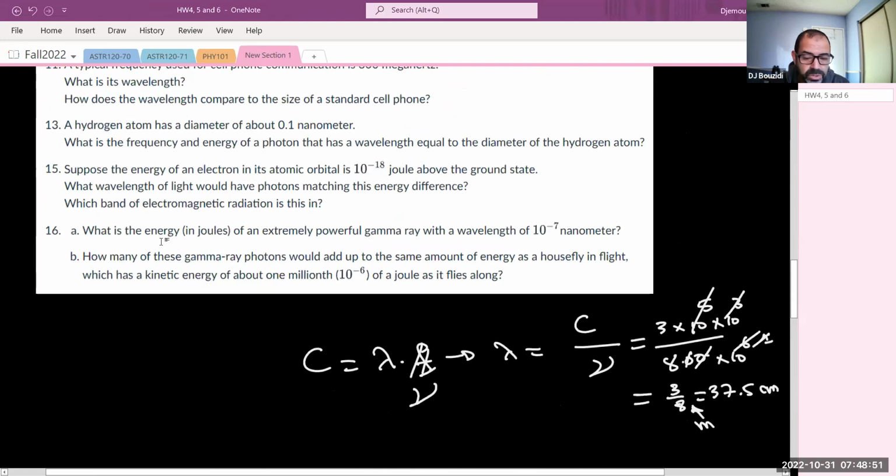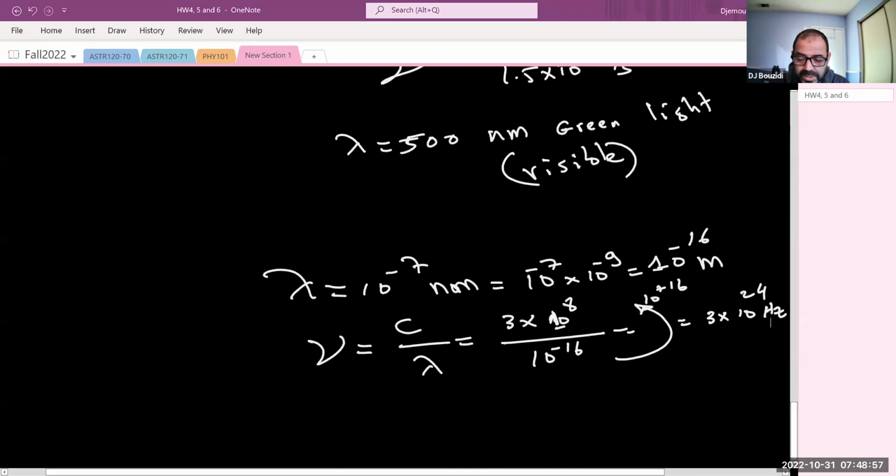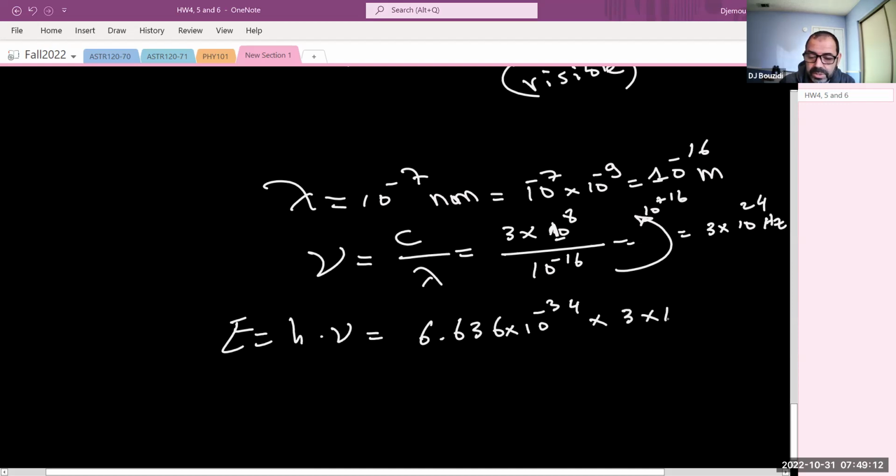They want the energy. So how much the energy of this very powerful wave energy. So it's going to be E. Remember, it's Planck's constant, h times nu, and h is 6.636 times 10 to the negative 34 times this 3 times 10 to the power 24.